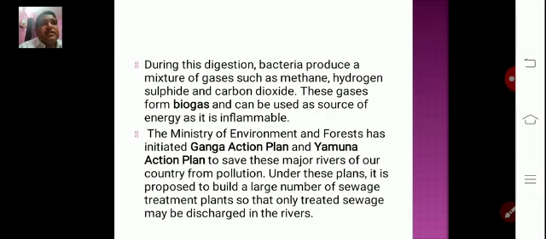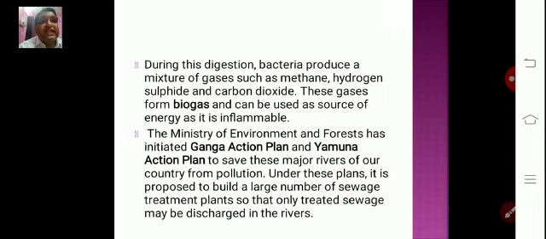Here, some anaerobic bacteria digest the fungi and bacteria in the sludge. During this digestion, bacteria produce a number of gases: methane, hydrogen sulfide and carbon dioxide. These gases are used as a source of energy.